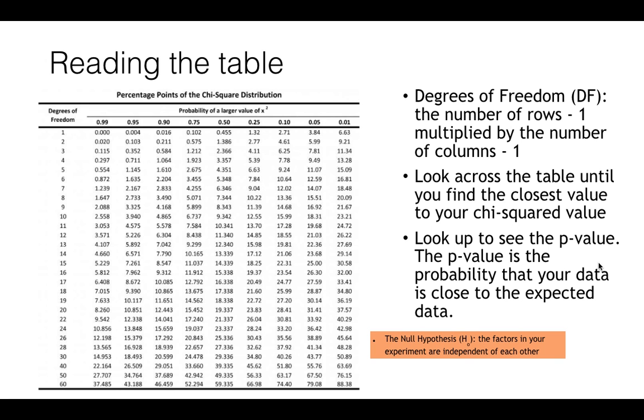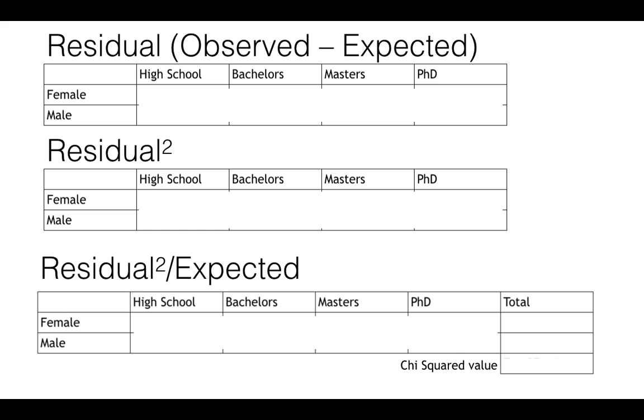Now, remember we need the degrees of freedom. This is a little bit different because suddenly we have more than one set of categories. So let's go back and have a look at how many categories we have.